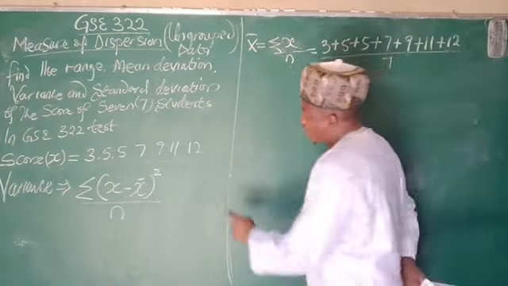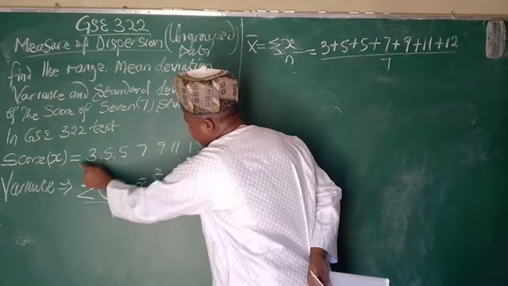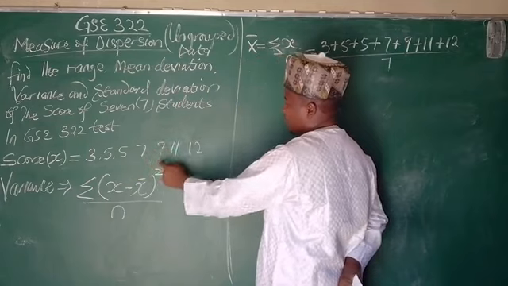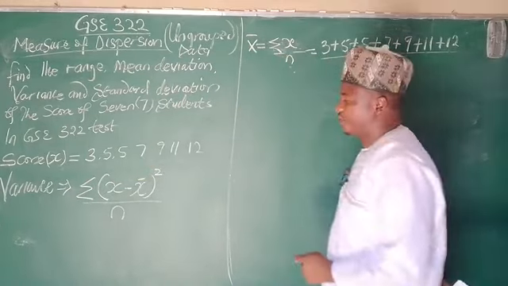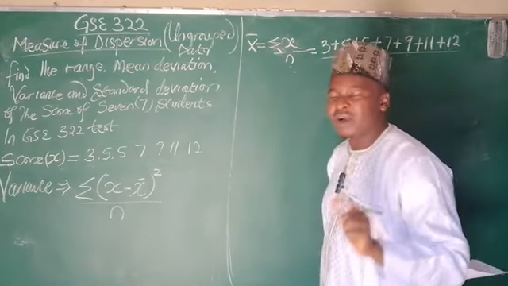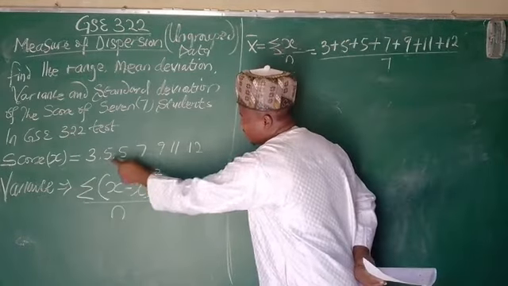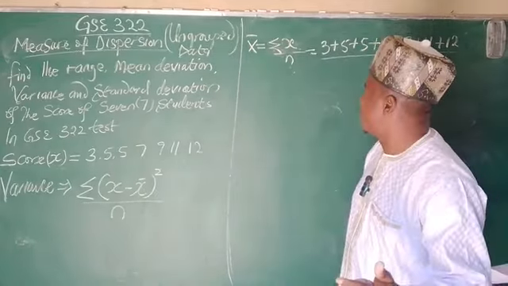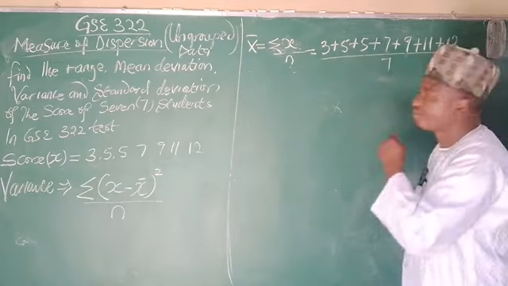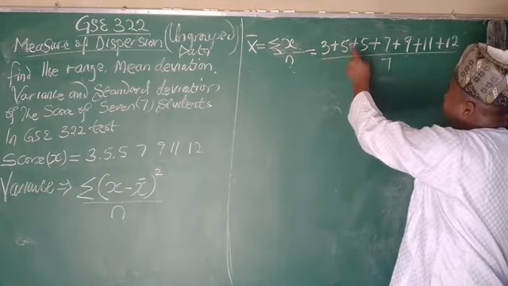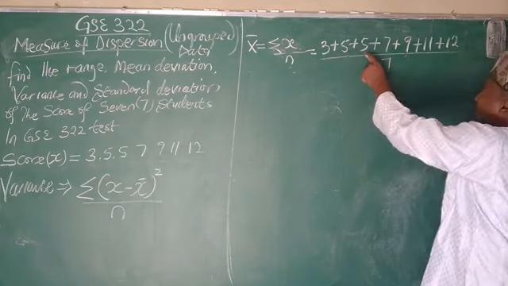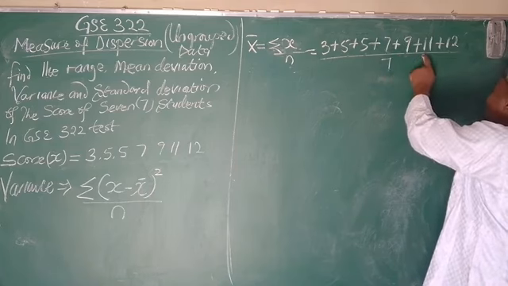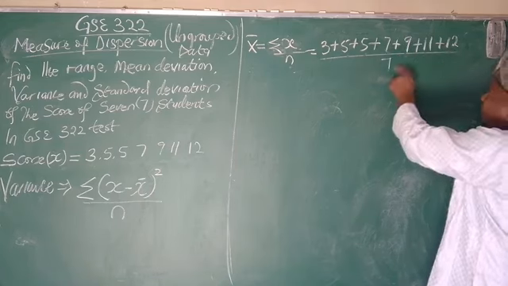It means we have to sum up all these numbers, 3 plus 5 plus 5 plus 7 plus 9 plus 11 plus 12, and divide by the number of the items, which is 1, 2, 3, 4, 5, 6, 7. That is 7.